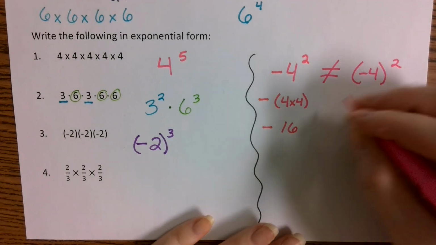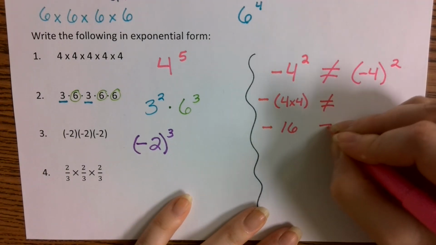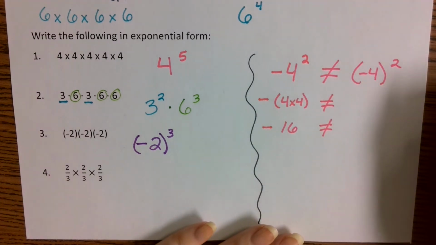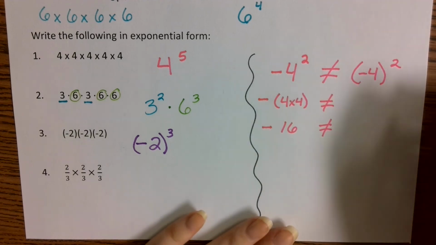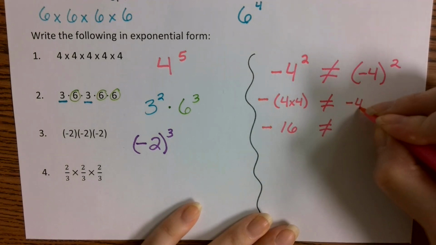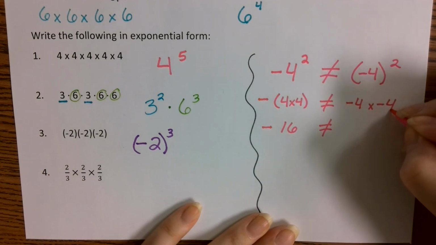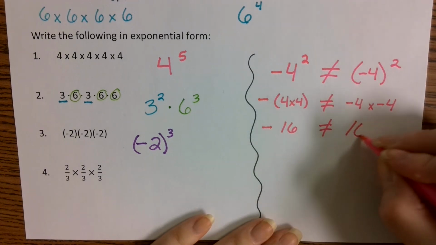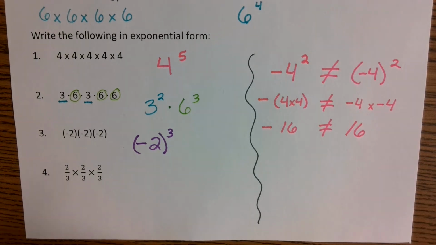Here on the other side, so again, like I said, these are not going to be equal to each other. For this side, you are actually repeating a multiplication problem of that negative value. So you are doing negative 4 times negative 4. And negative 4 times negative 4 is a positive 16. They're not equal to each other.